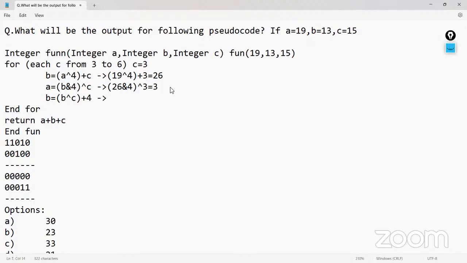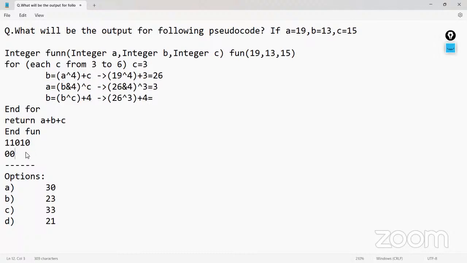And again, the B changes. B means 26 XOR 3 plus 4. Okay, we already have 26, and we already have 3. Let me calculate the XOR operation now. Well, 3 means 2 plus 1.